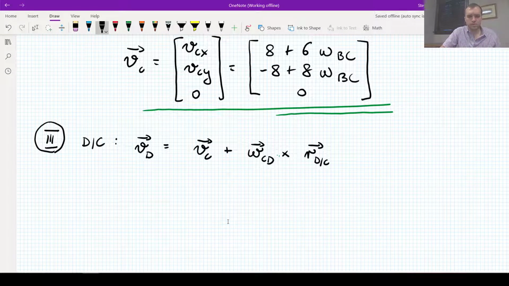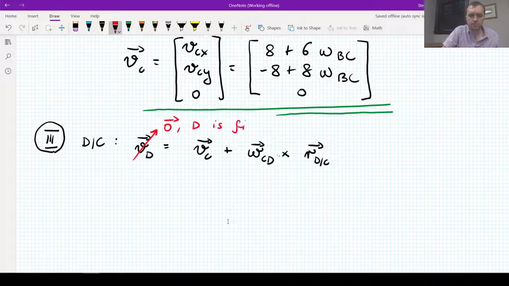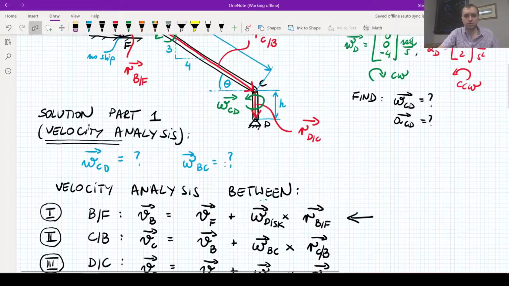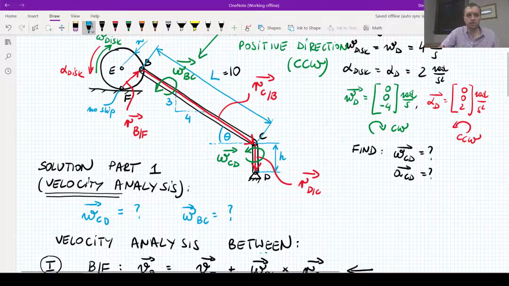Okay, so now we can write, maybe before we write anything, please observe that VD is 0, because D is fixed, right? If I scroll up the board, you can clearly see that point D, that is here, is fixed. That's why velocity of D is 0.